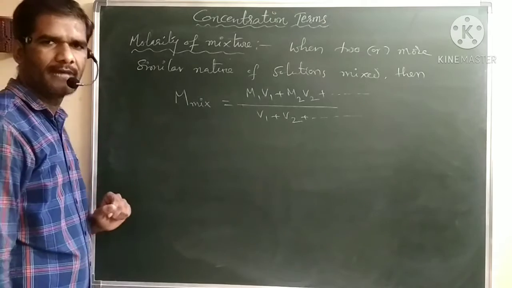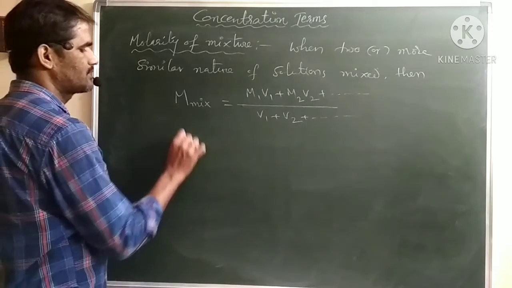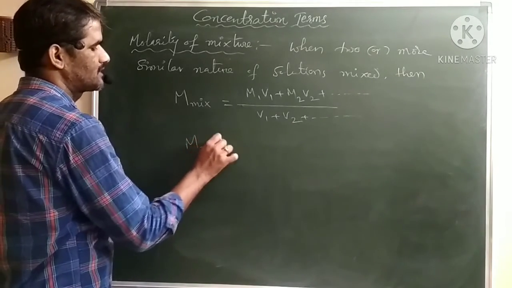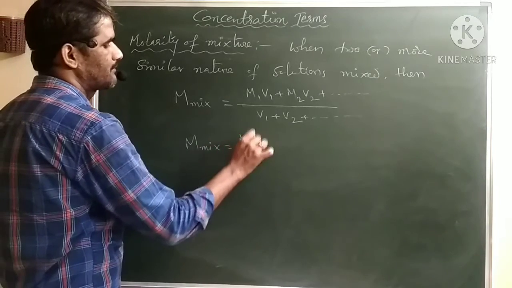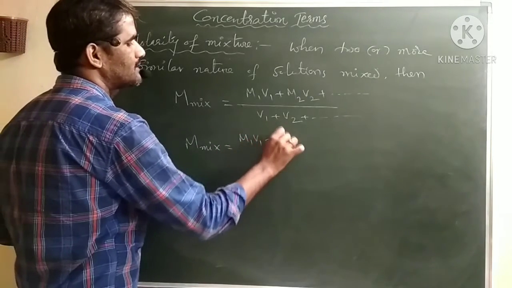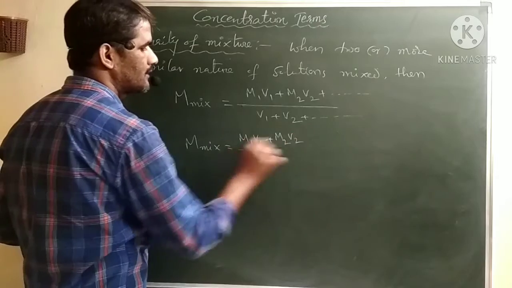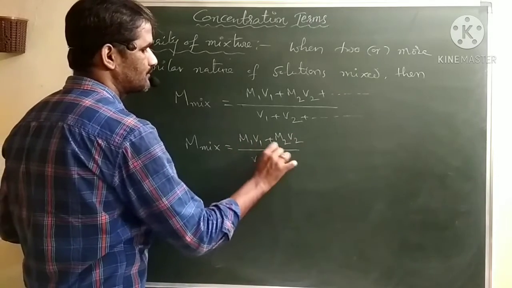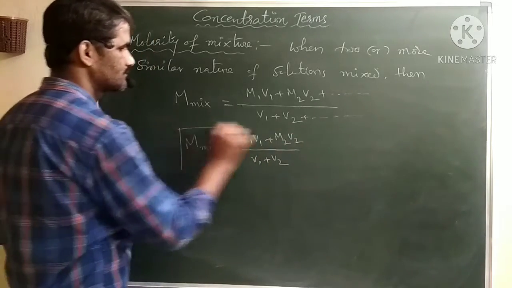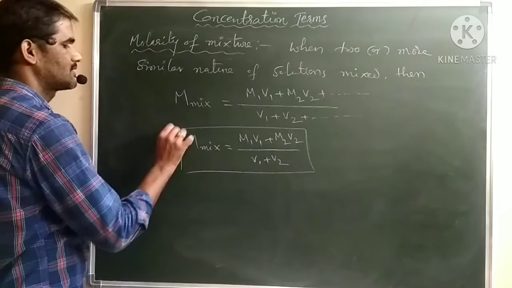Generally we will discuss binary solutions. If it is a binary solution, then molarity of mixture is simply M1V1 plus M2V2 by V1 plus V2. So this is the formula.